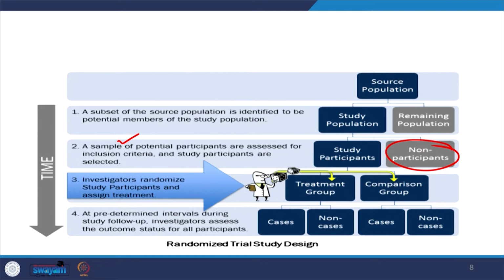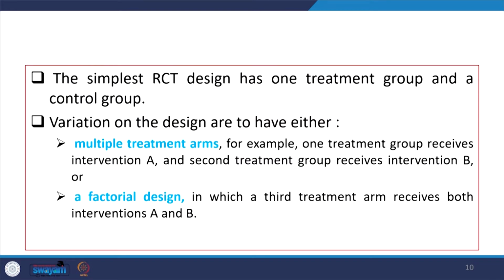At predetermined intervals during study follow-up, investigators assess the outcome status for all participants. Then for the treatment group cases and non-cases, and the comparison group cases and non-cases, further stratification can also be made to compare the results. The simplest RCT design has one treatment group and a control group.